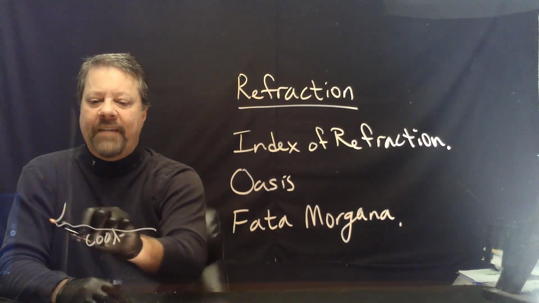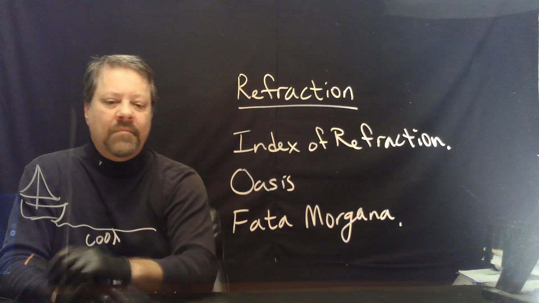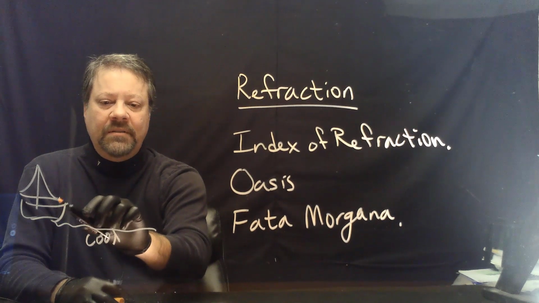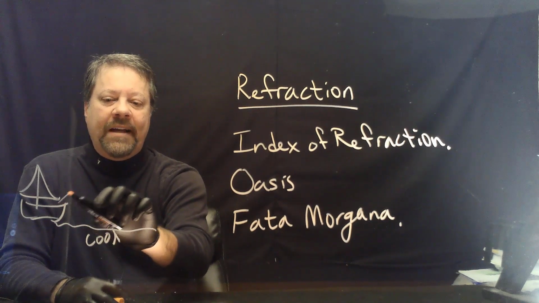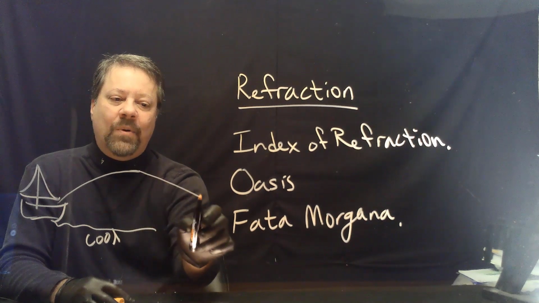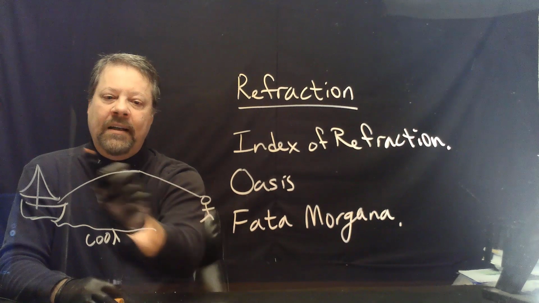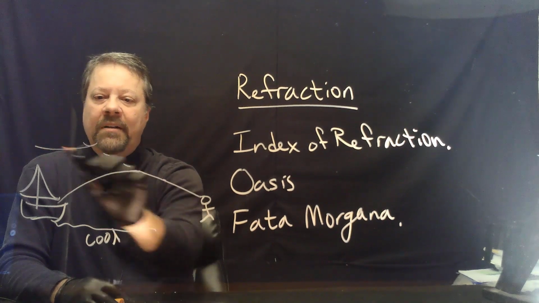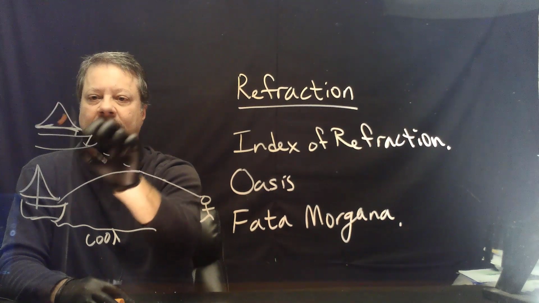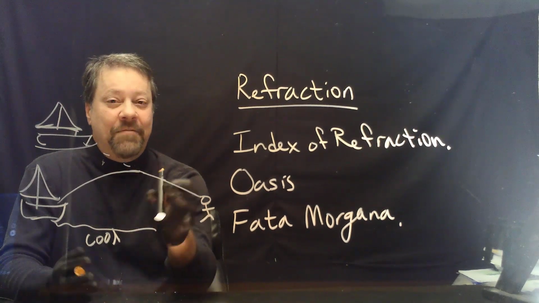You may have a boat here, and light reflected off of the boat may travel through layers with less density, curving the light perhaps back towards the Earth. So from the perspective of a viewer, it looks as though the ship is in the sky, which can be rather confusing.